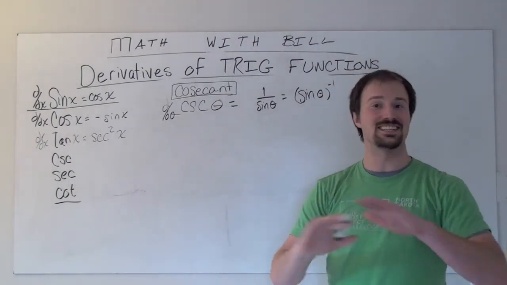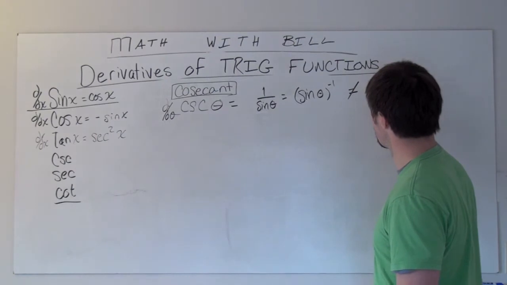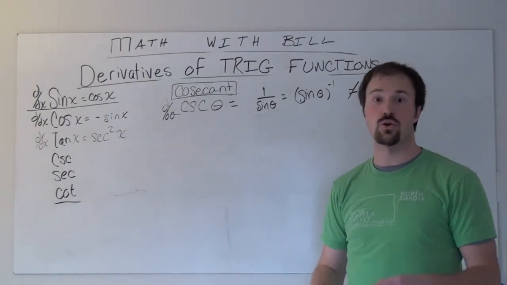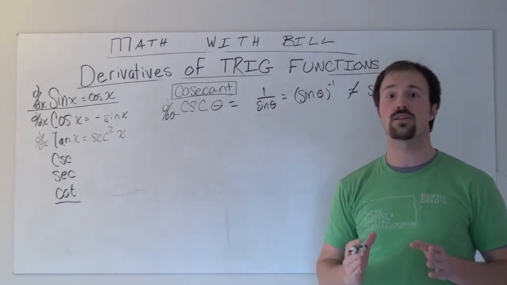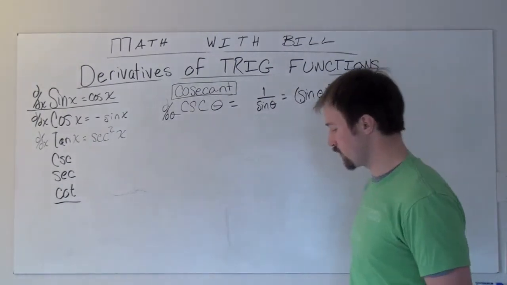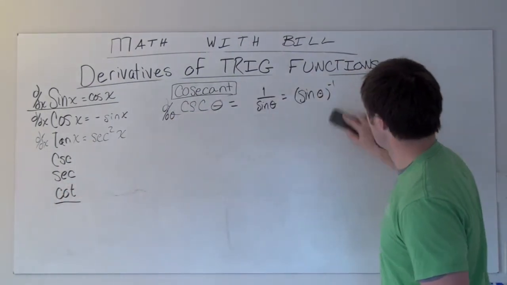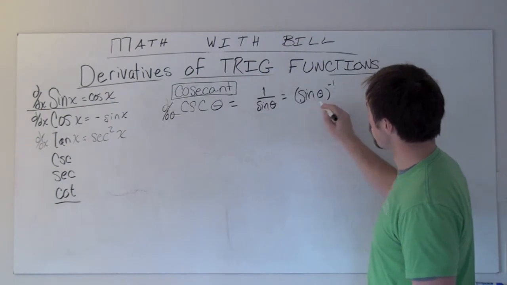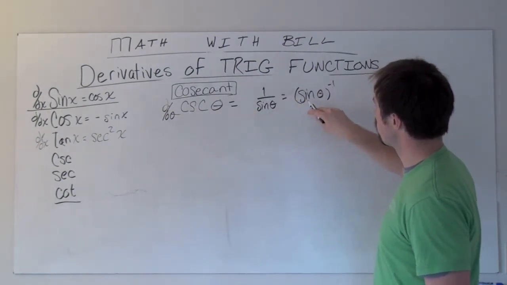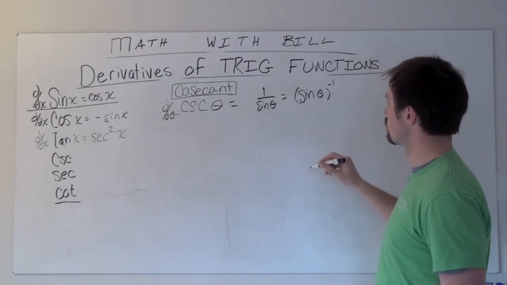Realize that this is not equal to sine inverse theta, which is also known as arcsine. We'll get to those. But right now, what we're focusing on is the derivative of the reciprocal of sine theta, to the -1 power.